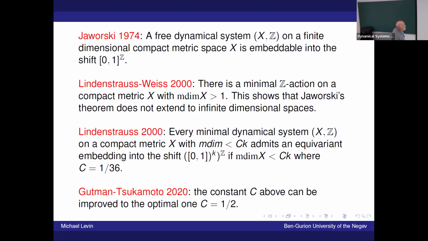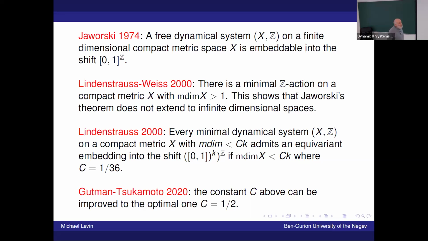Okay, so let me just remind you of some classical results regarding the embeddability of dynamical systems into cubical shifts. Probably this topic started with the work of Jaworski in 1974.